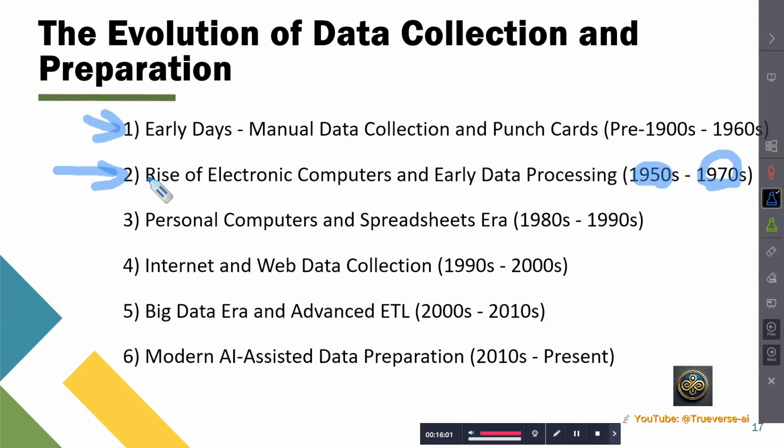So a question comes here. What challenges did early electronic computers face? Can you imagine which challenges? Pause and answer. While faster than manual methods, these systems still struggled with real-time processing.